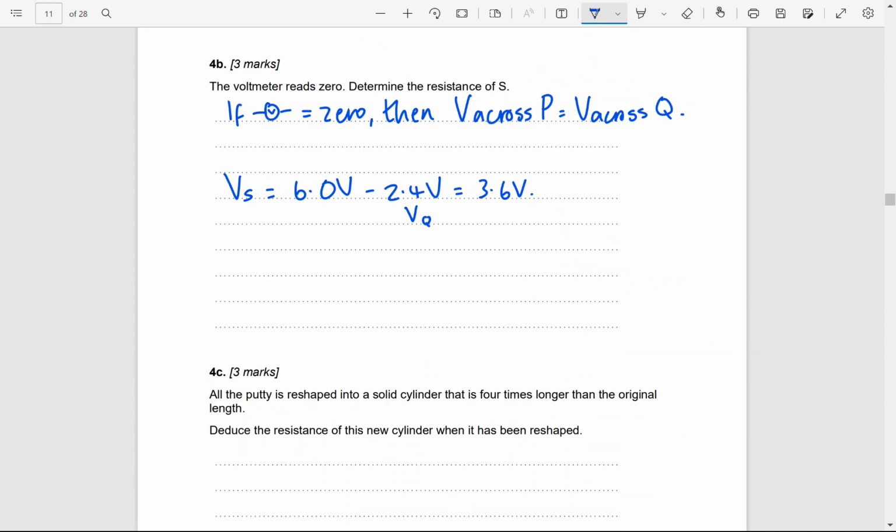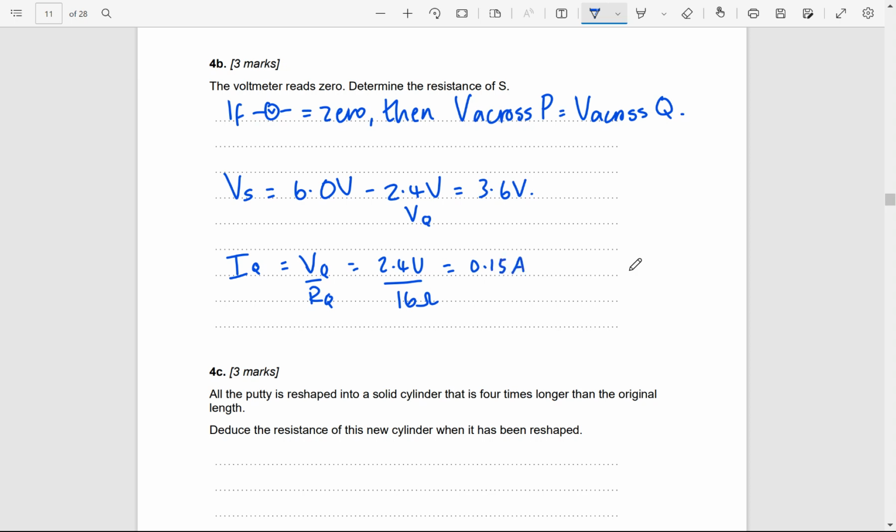So the current through Q is V divided by R, again, both for Q. We have all these numbers, we just need to plug them in. So it's 2.4 volts divided by 16 ohms equals 0.15 amps.